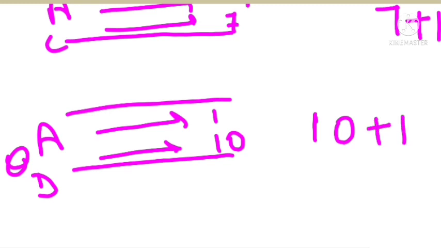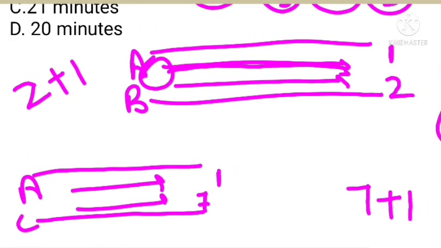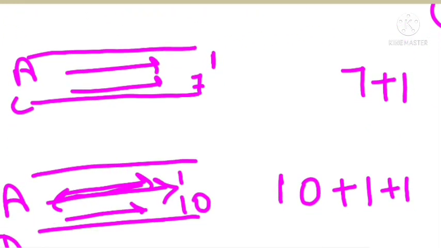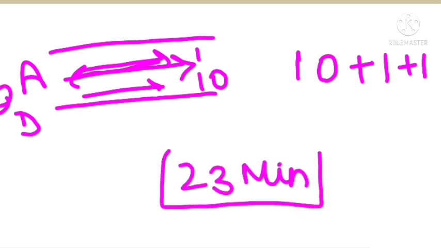So 1 minute because he went back to the starting point, and 1 more minute because he will now come to the other side again. So the total time for A and B is 2 plus 1 means 3, for A and C is 7 plus 1 means 8, and for A and D is 10 plus 1 plus 1 means 12. So the total time taken by all of them is 23 minutes.